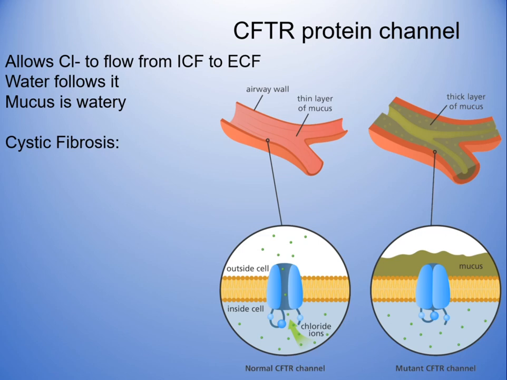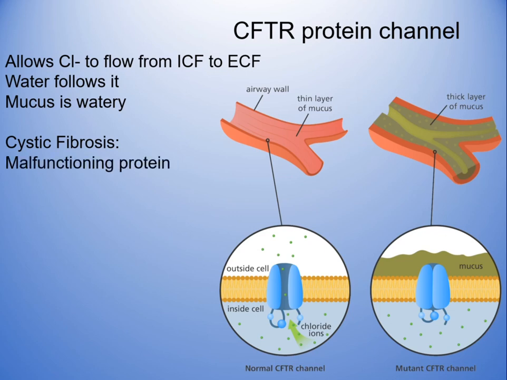Unfortunately, there is a disease called cystic fibrosis, and it can manifest in many ways, but basically the protein doesn't work. Or, you know what, it might not even be there. Over here on the right, the picture on the bottom right shows you this protein. It's not allowing anything to move through it, right?